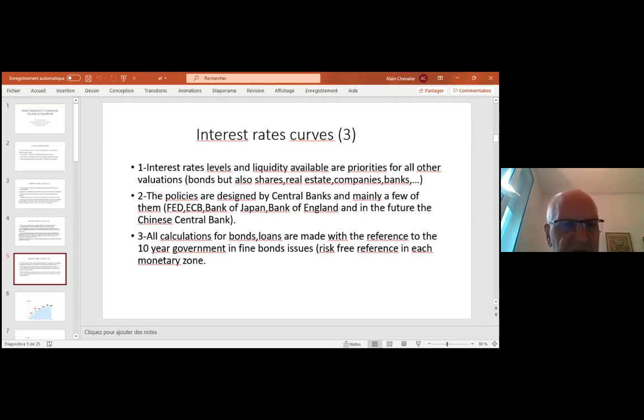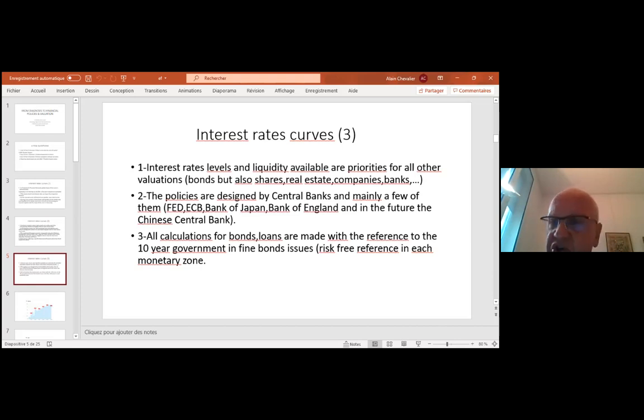And this is quite interesting because interest rates on the long term are the result of the equilibrium between the lenders and borrowers on the market. This is one of the main resources used to finance the investments.